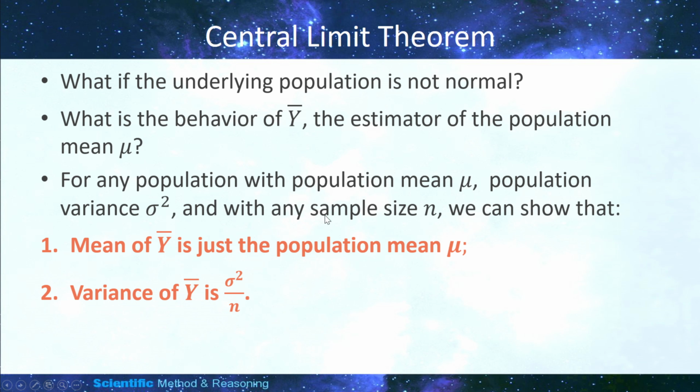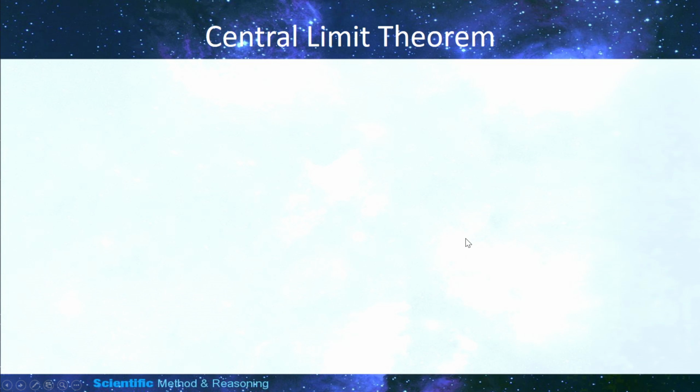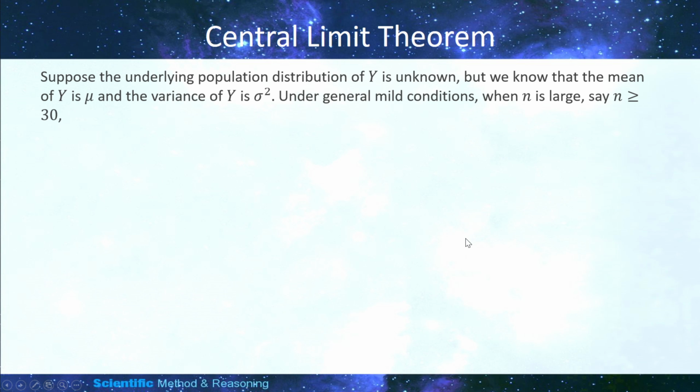This is always true for any probability distribution, not just the normal distribution. The variance of the sample mean is just sigma squared over n, where sigma squared is just the population variance of the random variable y.